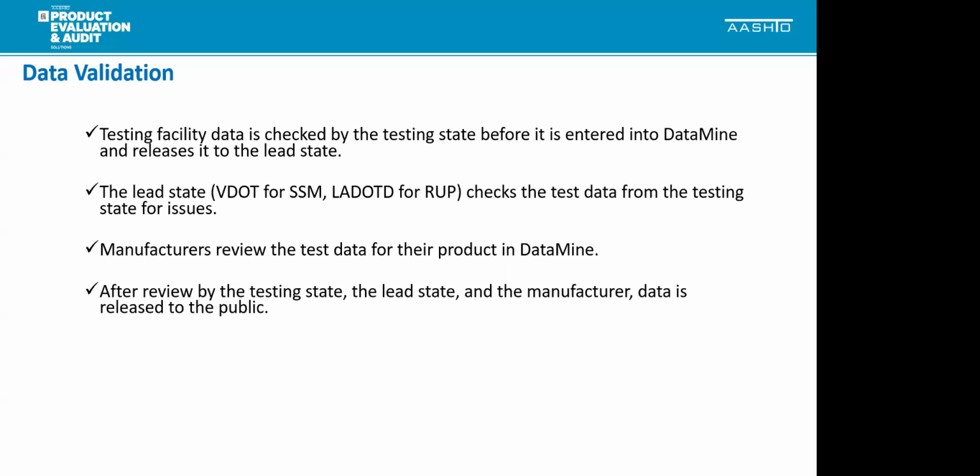And only after all of these steps would we be able to release that data to the public. If a manufacturer chose at that point to withdraw their material, because they're not satisfied with its performance, or they notice something that just doesn't seem right, they have the option to withdraw those products prior to publication.